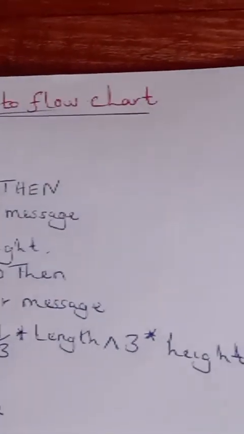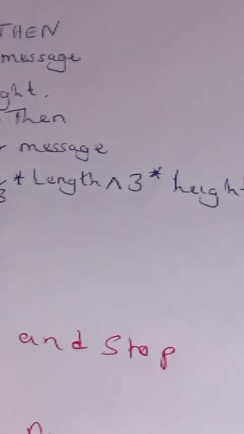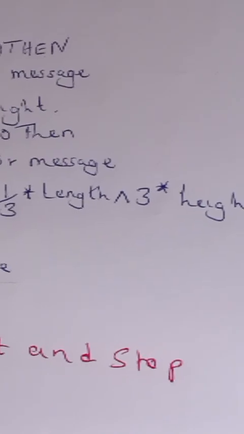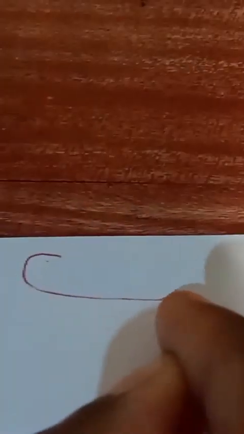Let's start with start, and we said under start we use this shape, which is an oval shape. So I will start by drawing my oval shape here, and you will write there, start.